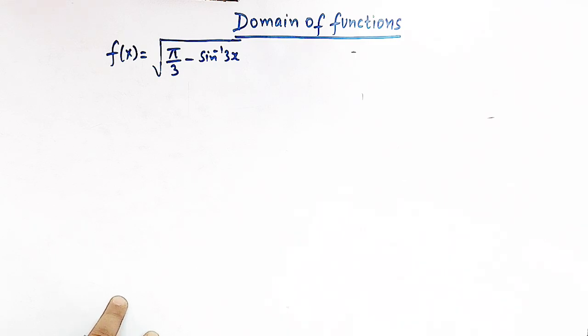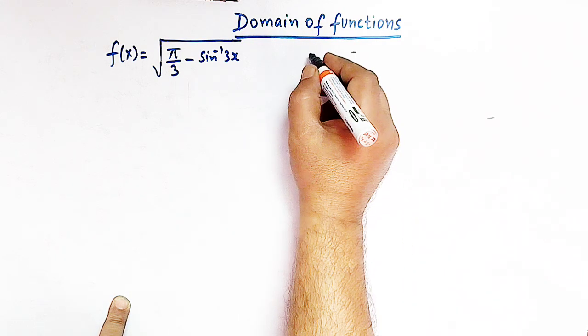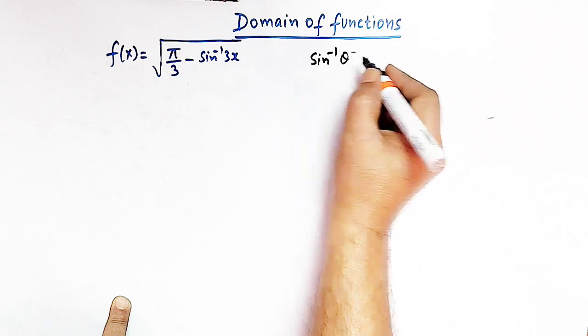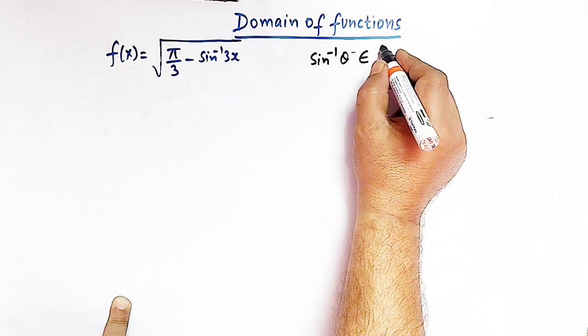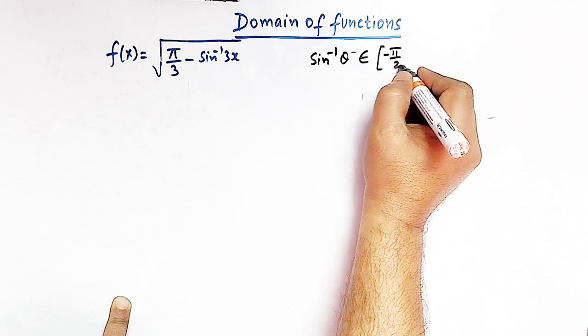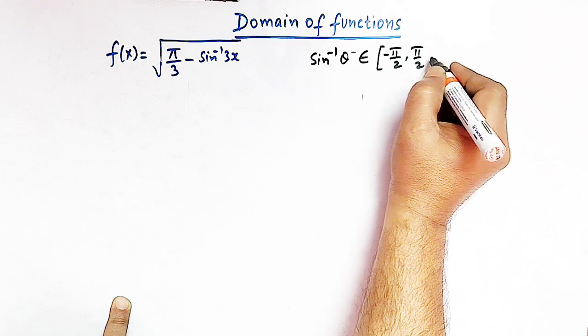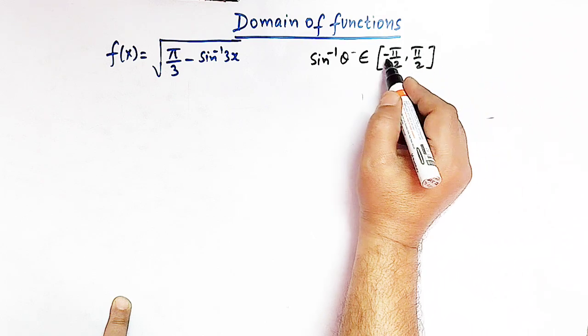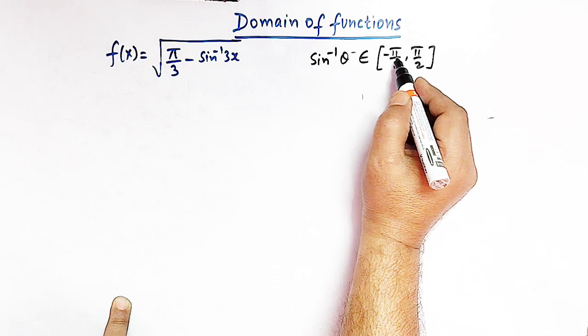So now from inverse trigonometric functions, we know that the range of sine inverse theta belongs to the interval minus pi by 2 to pi by 2, where minus pi by 2 and pi by 2 both the numbers are included.